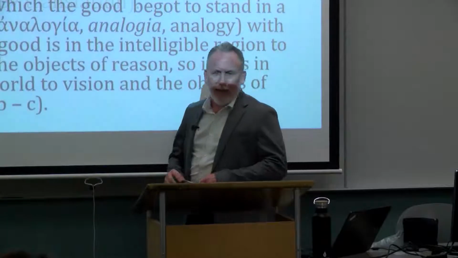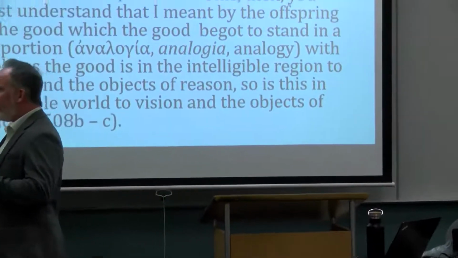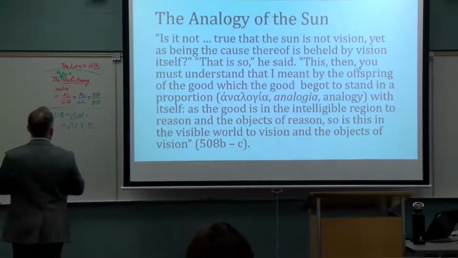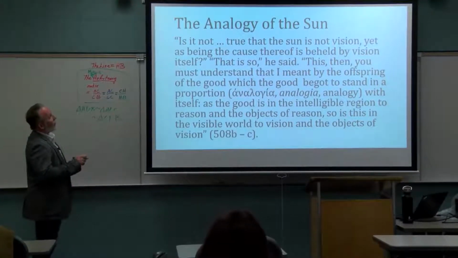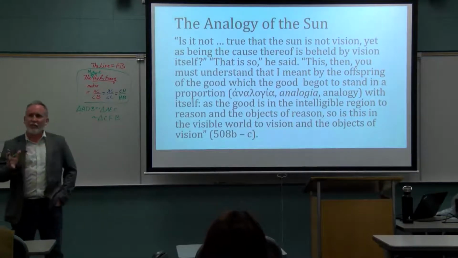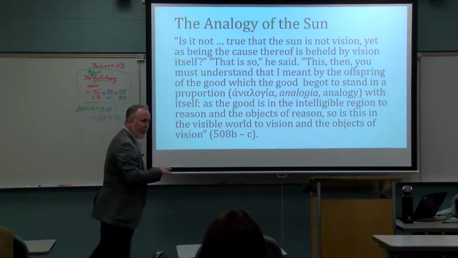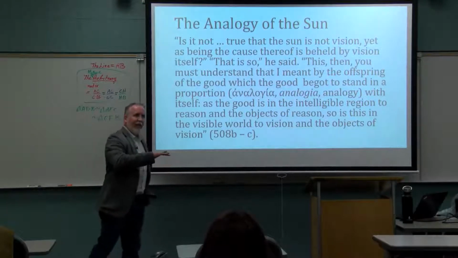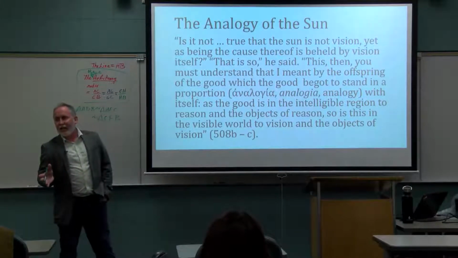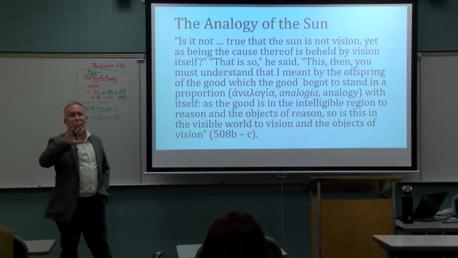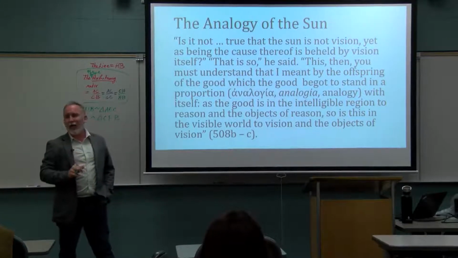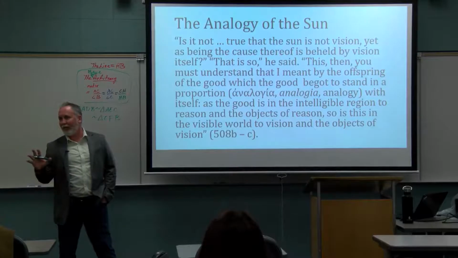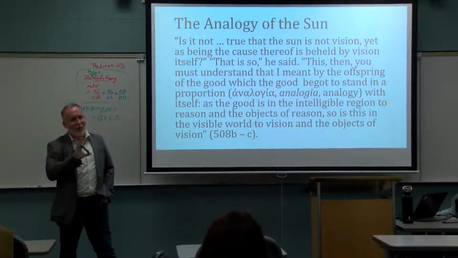Now, in the Republic, we get the analogy of the sun comes right before the divided line analogy, and then in the middle of the divided line analogy is embedded the discussion of Plato's cave. Are we all familiar with Plato's cave? Yes. Right? We know what that is.